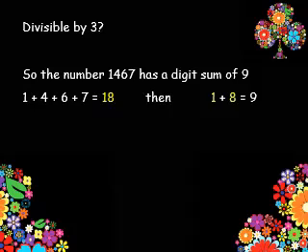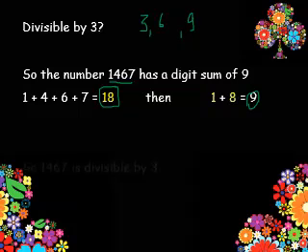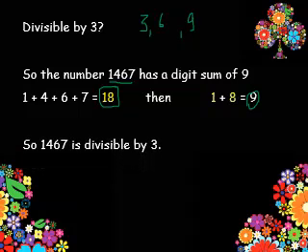Those are the digits of the number. If you add them, I got 18. If you re-add this number, 1 plus 8, you're going to get 9. And then it's divisible by 3. So keep in mind, the sum should be 3, 6, or 9. Then I will say that this number is divisible by 3.